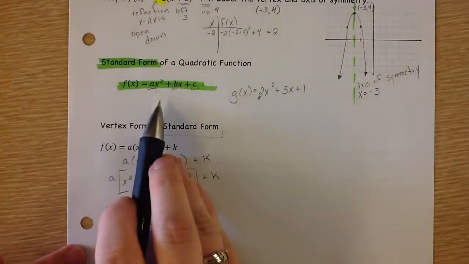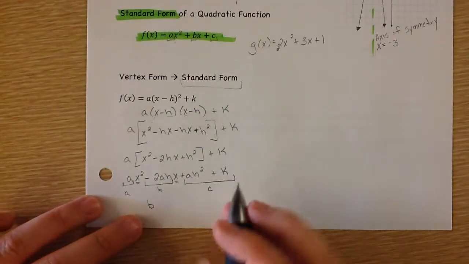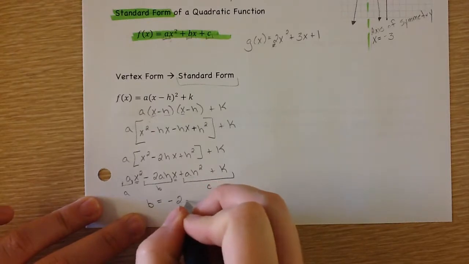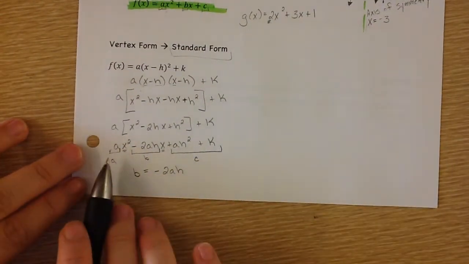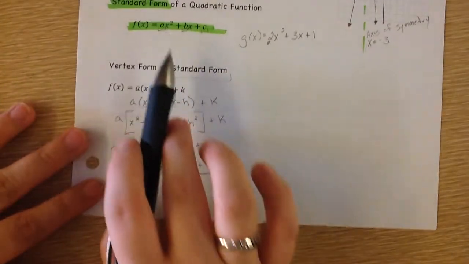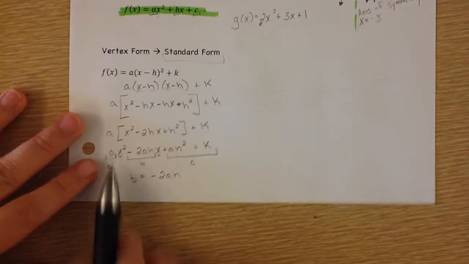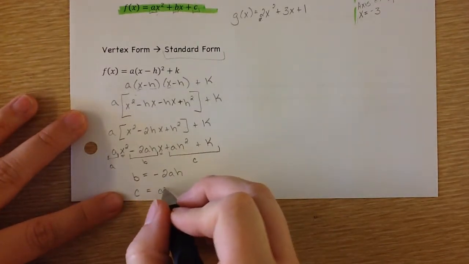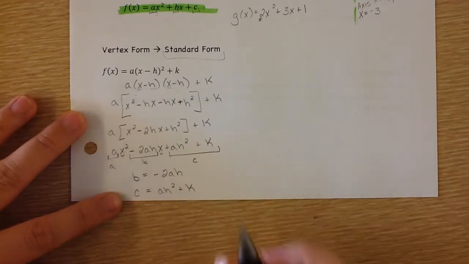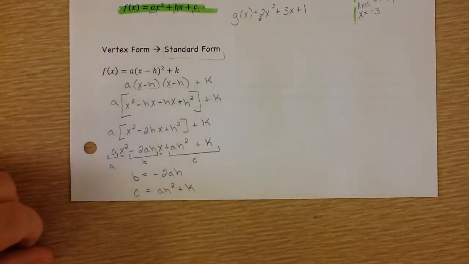So my b in standard form is equal to negative 2ah in vertex form. My a in standard form is just the a in my vertex form, because my a is the same as a. And my c in standard form is ah squared plus k in my vertex form.